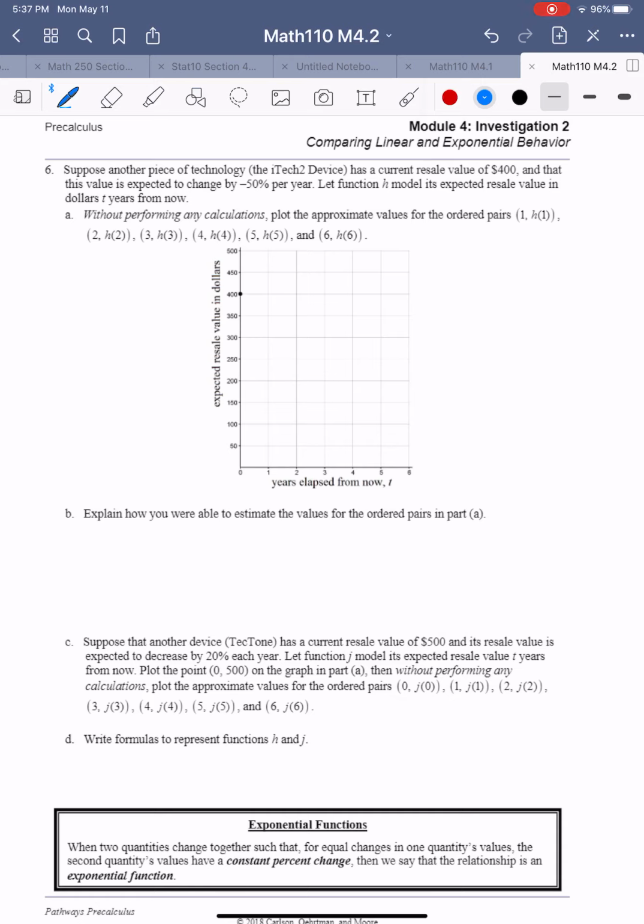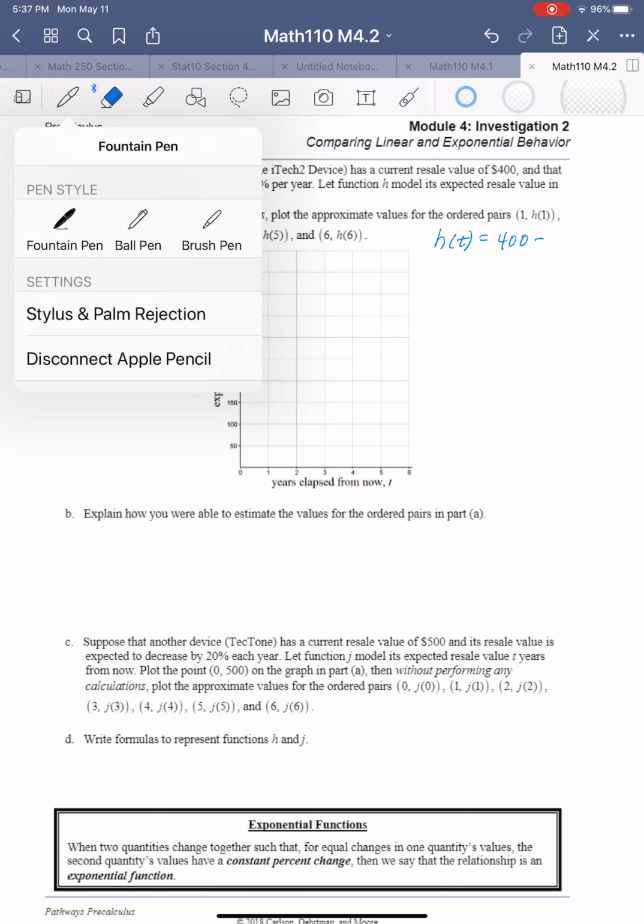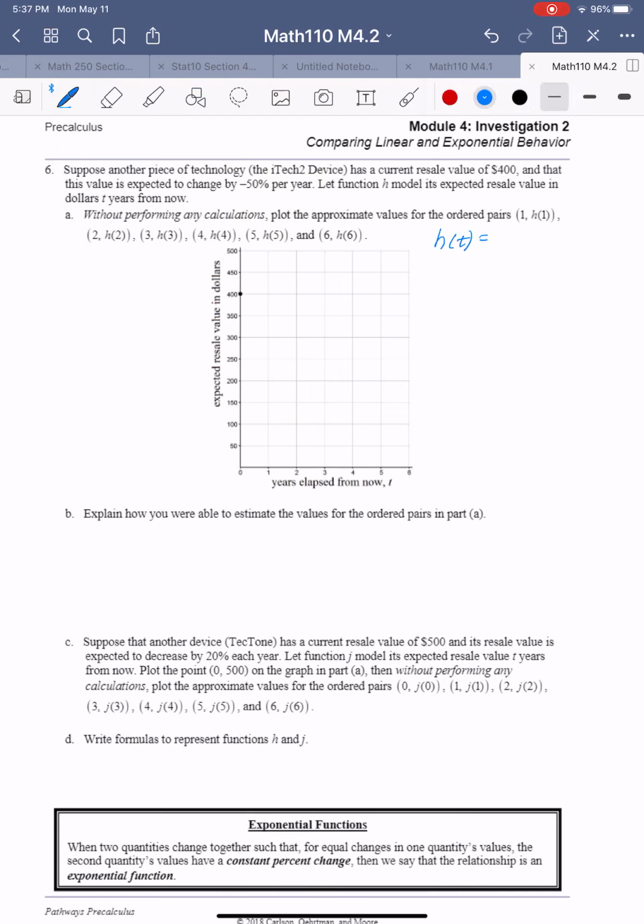This time the price was $400, but each year it goes 50% off, so you still have 50% each year.